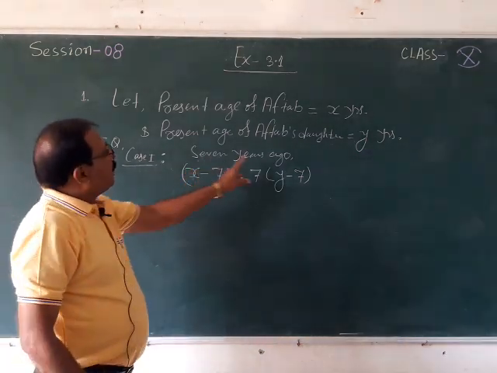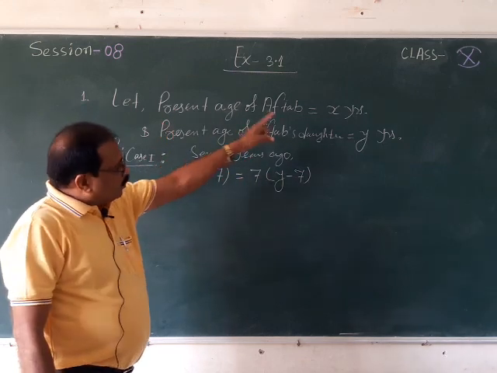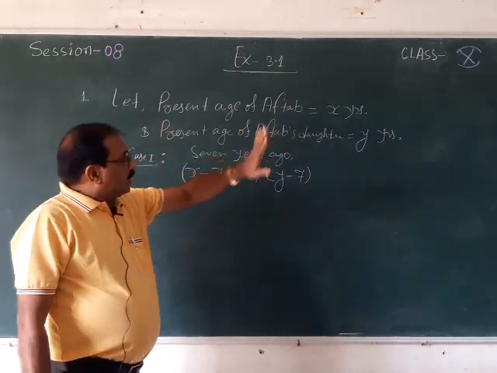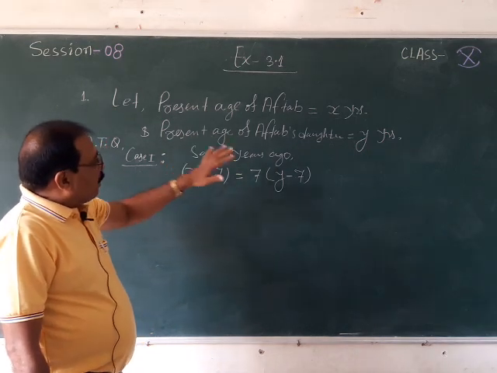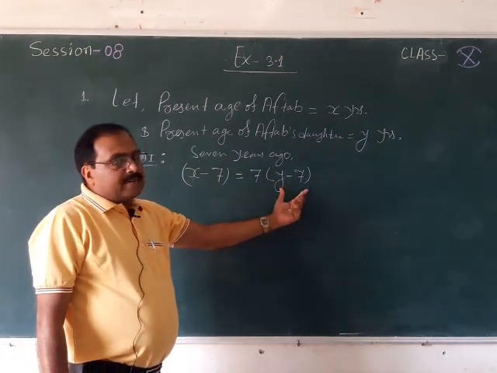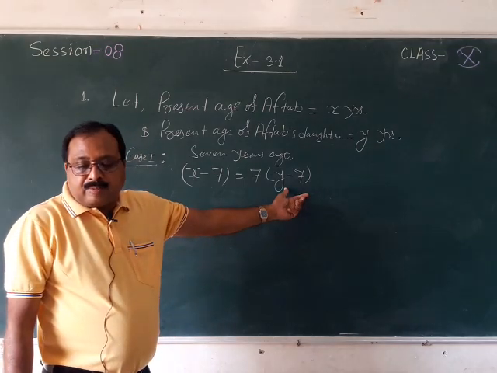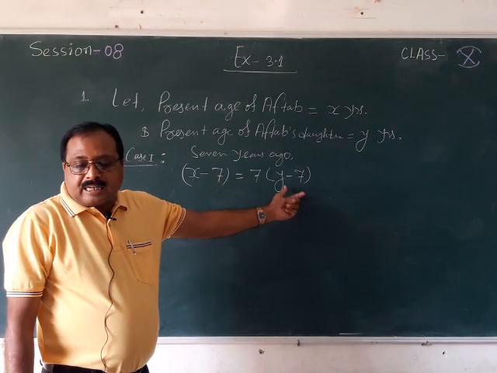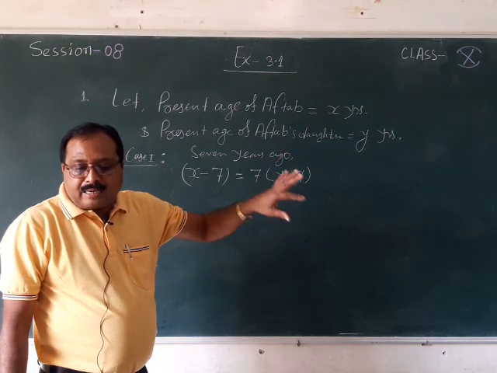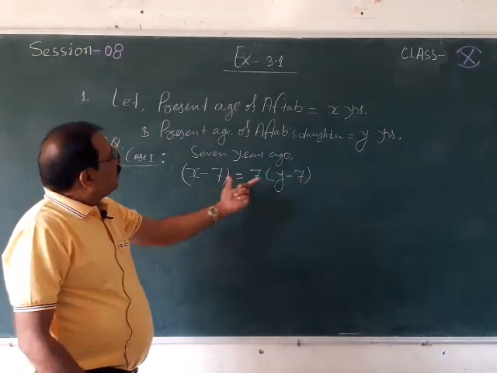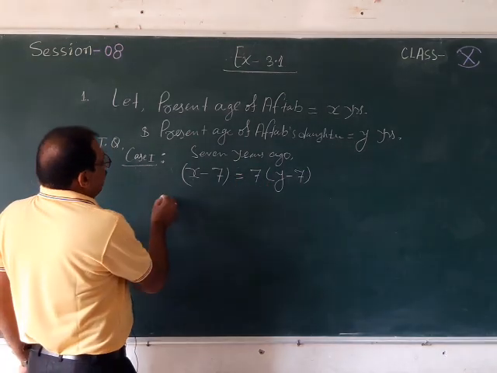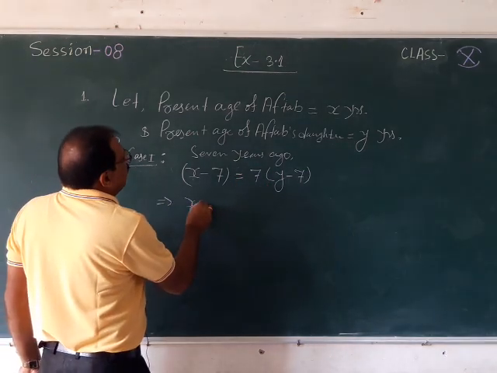This is the 7 years ago case. Aftab's present age is x years, so 7 years ago his age will be x minus 7 years and the daughter's age will be y minus 7, but Aftab is telling his daughter that 7 years ago I was 7 times as old as you were then. That means this relation will be created, and then you just settle down this one.